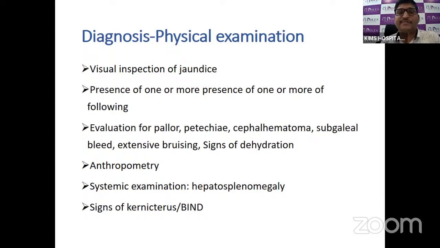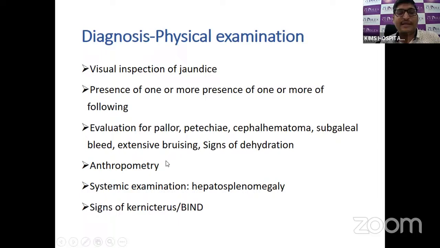So from history, we can get some clues regarding the condition, which helps in further management. When it comes to examination, we do visual inspection of the jaundice by Kramer scales. All children need to be visually examined from 12 hours of life till discharge. Presence of one or more of the following: pallor, petechiae, cephalhematoma, subgaleal bleed, extensive bruising, and signs of dehydration need to be examined.